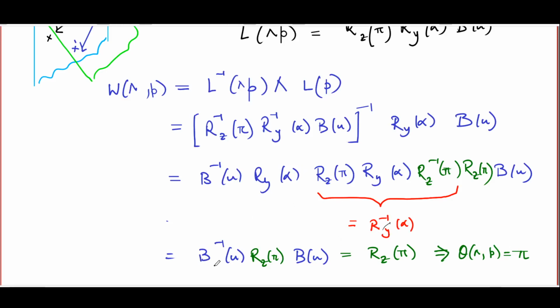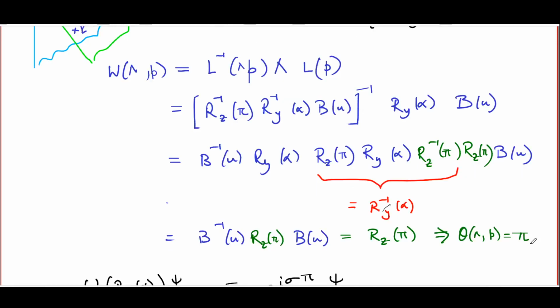So we are finally left with B inverse u Rz pi B u, and by the same argument that we used a while ago, Rz pi commutes with B of u, so B inverse u and B of u would cancel and you will be left with W being the same as Rz pi, and this means that our angle theta for this particular case happens to be just equal to pi.